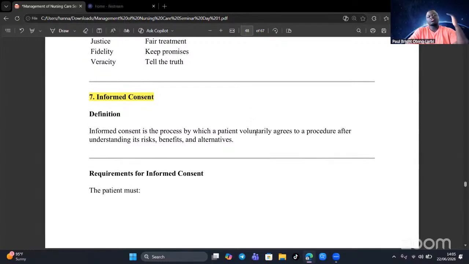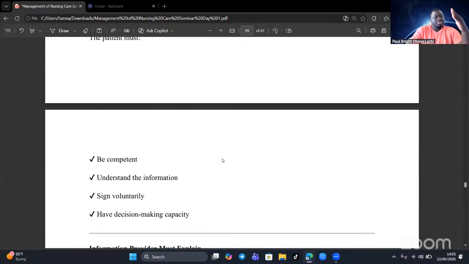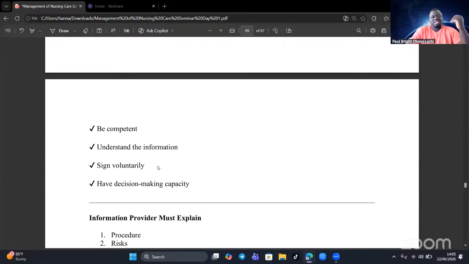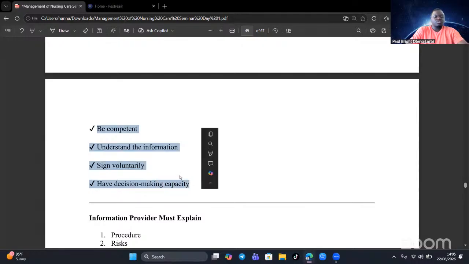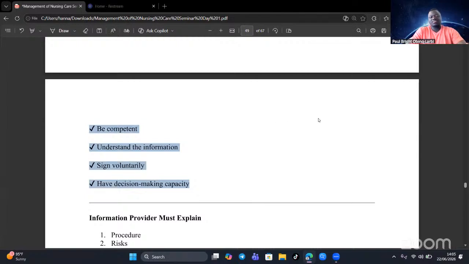Okay. Then we also talk about informed consent, a voluntary agreement. The patient must be competent, understand the information, sign voluntarily, and have decision-making capacity. So somebody cannot come to the ward and take your patient to the theater for a surgical procedure without letting you, the nurse in charge of the patient, know.